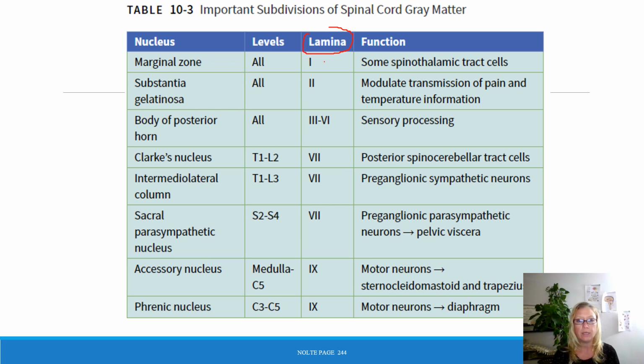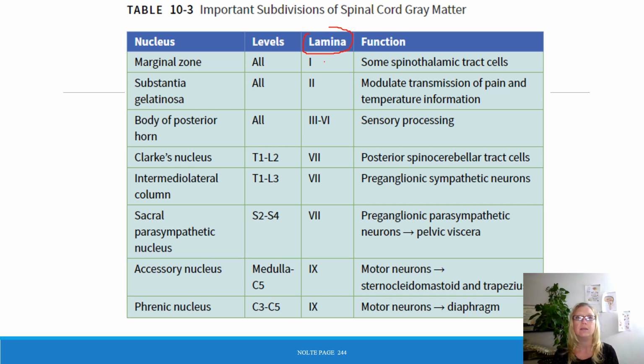Accessory nucleus, medulla through C5. So think about the accessory nerve. So cranial nerve number 11, think accessory nucleus. And number 9 is going to be the alpha motor neurons. So this is going to be the movement. So this is when we think about what movement is associated with what area. So C3, C4, C5 keeps the diaphragm alive, right?